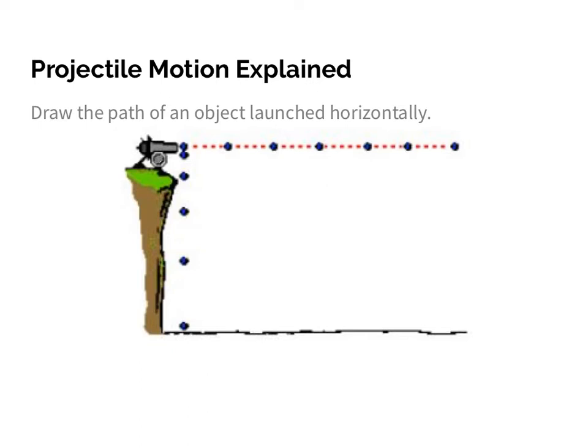The object is going to start being launched from the cannon, and as shown here, it's being launched to the right. So it's going to move to the right, but as it moves to the right, it is also going to undergo free fall motion. As it moves forward, it is going to fall at the same time. Imagine I were to treat this like a graph, where these are my x values and these are my y values. The actual motion I'll see here would be plotting both of these points.